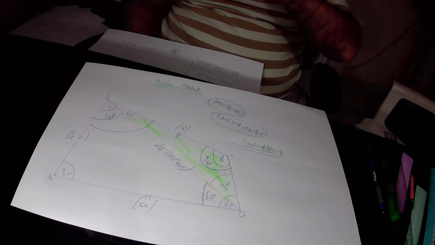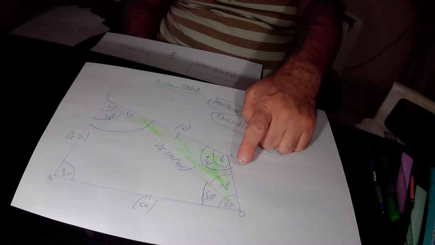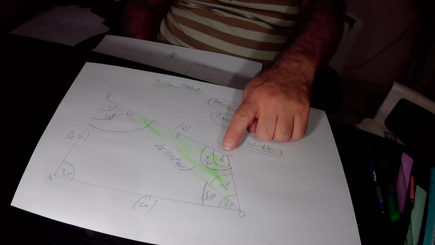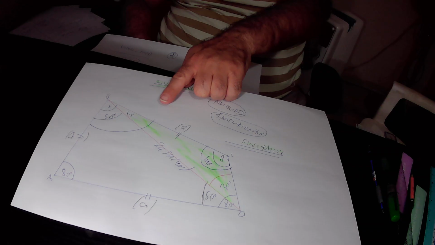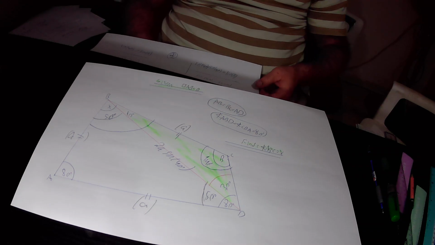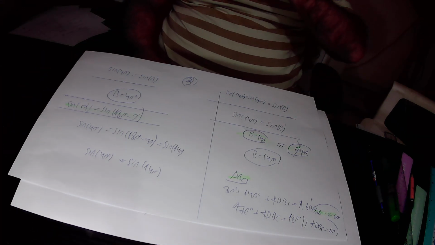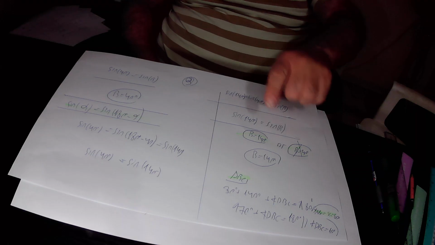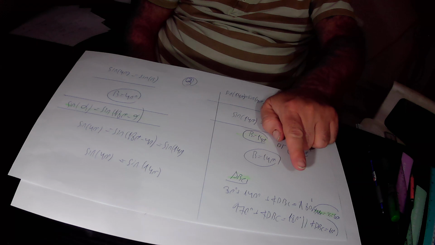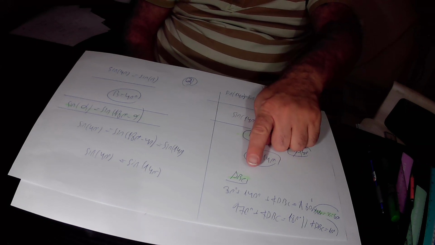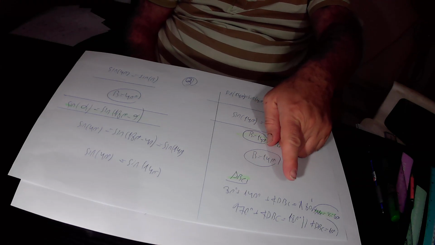According to the rule that the sum of the angles in a triangle equals 180 degrees, we get that 30 degrees plus 140 degrees plus the missing angle DBC must be equal to 180 degrees. 30 degrees plus 140 degrees is 170 degrees, plus the missing angle DBC must equal 180 degrees.